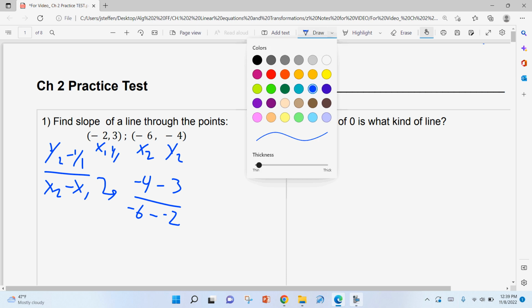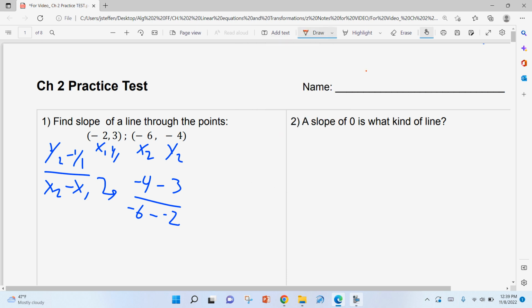So when you solve this, again, I would just use a calculator, but -4 minus 3 is -7. -6 minus -2, that means it's a plus, so -6 plus 2 is -4. So that reduces down to +7 over +4.